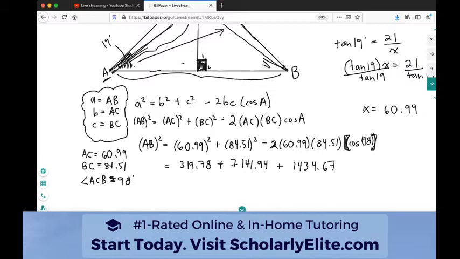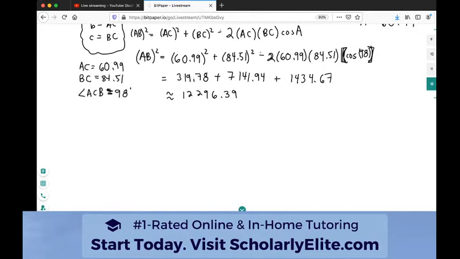Okay, so keep on trucking here. So now we just add these three up. It's going to be approximately 12,296.39. And now, because this is equal to AB squared, we want to get the square root. So we are going to square root both sides.